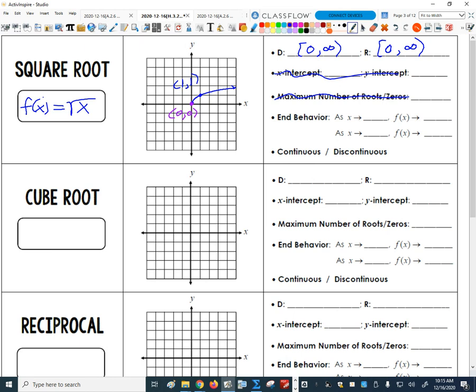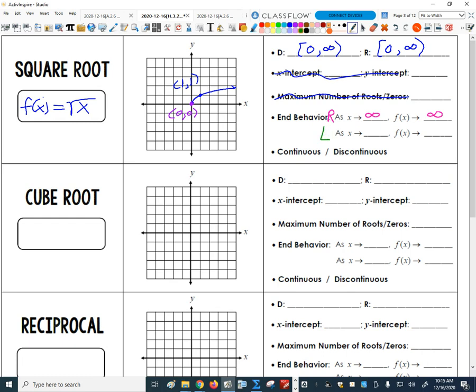End behavior. Now this is some different end behavior this time. What is my right end behavior on this one? As x approaches infinity, f of x approaches infinity.